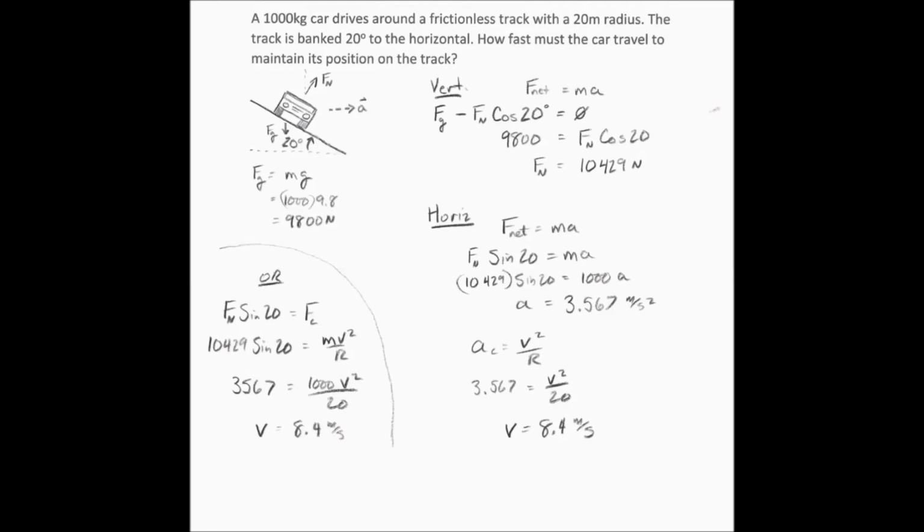So if you have a centripetal force, it also has a centripetal acceleration, so you can just put Fc straight into your F net equals ma, where the centripetal force is mv squared over r. M is your mass, v squared over r is your centripetal acceleration, so it's really just the same thing. Mass times acceleration, m times v squared over r. You can do it in 2 steps, or you can do it in 1 step. Either way, whichever one makes more sense to you. And don't forget your therefore statement. The car must travel 8.4 meters per second to maintain its position on the track.